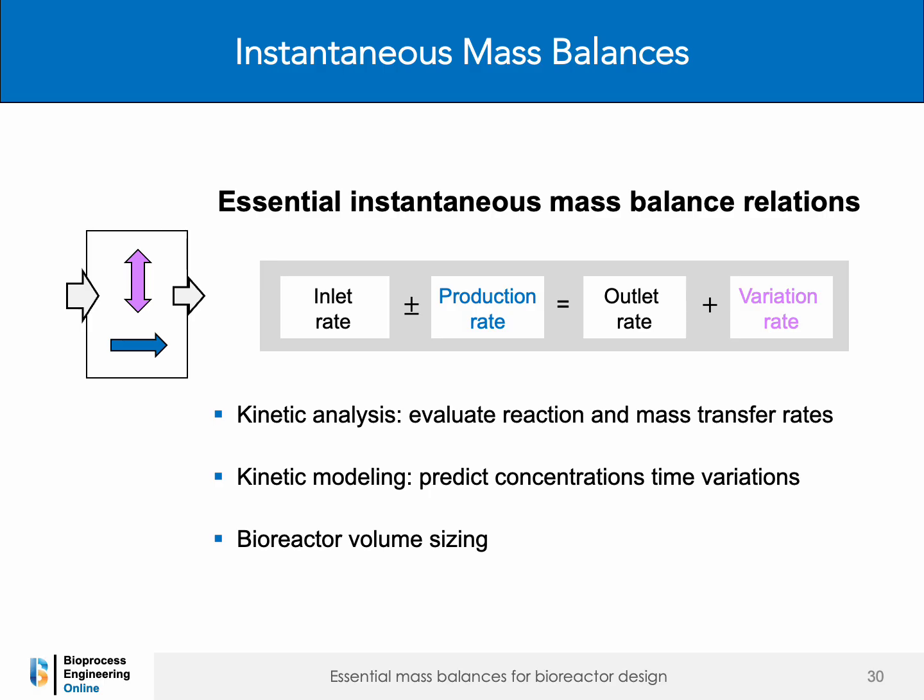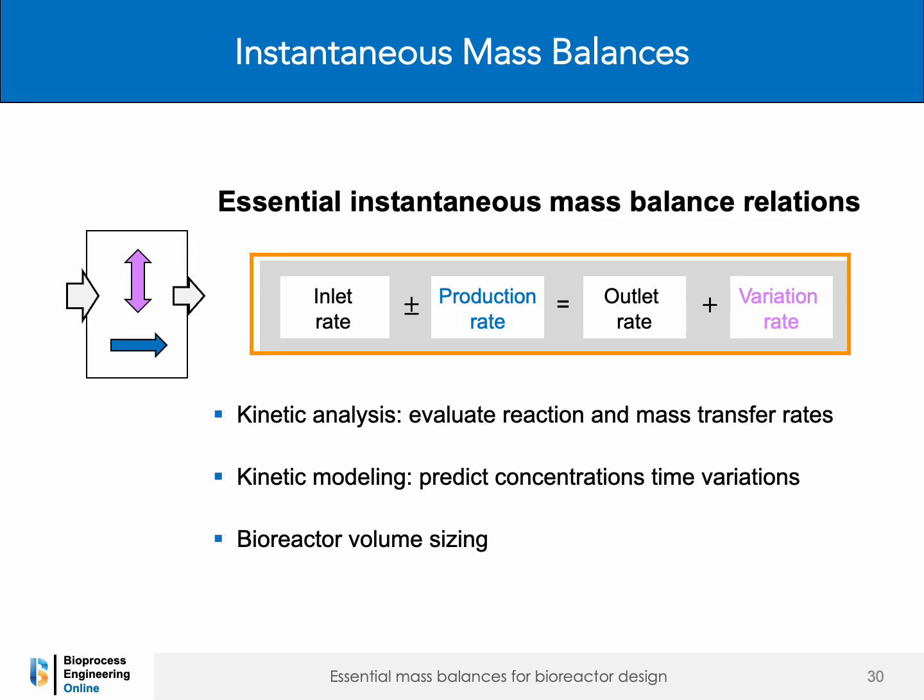In summary, instantaneous mass balances, expressed as inlet rate plus or minus production rate equals outlet rate plus variation rate, are the most essential and widely used relationships in bioprocess engineering.